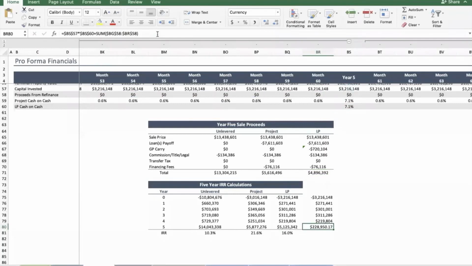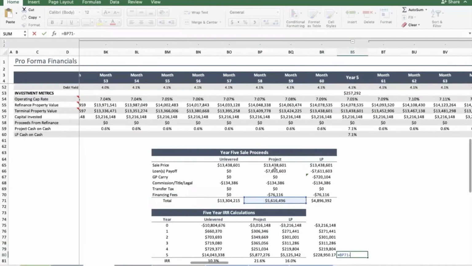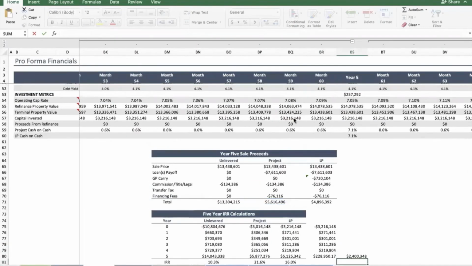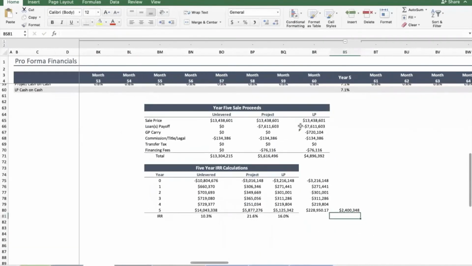So that's just the cash flows. And then we need to get first to a 15 IRR. So what we'll do is take the project level sale proceeds minus the capital invested. This is how much we have first to distribute based on a 70-30, right? Yes. So let me know if I'm doing this right.